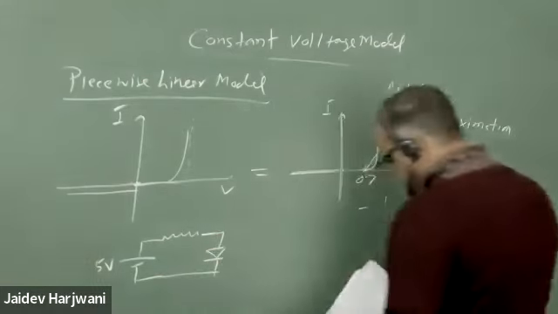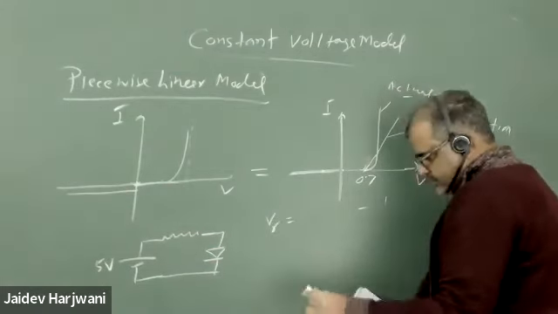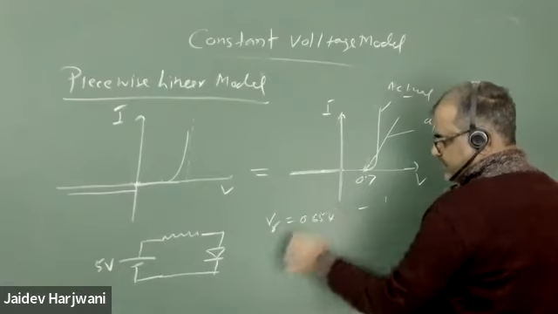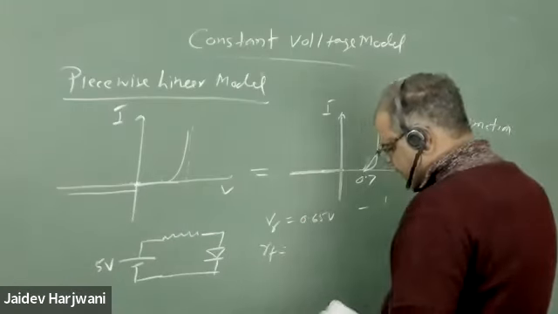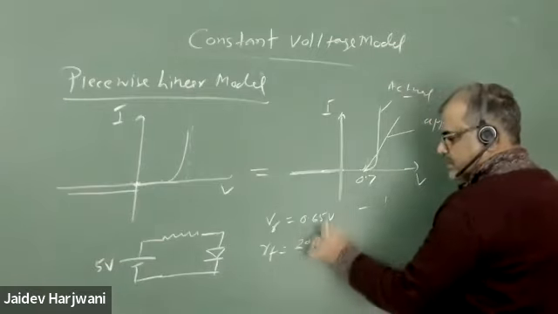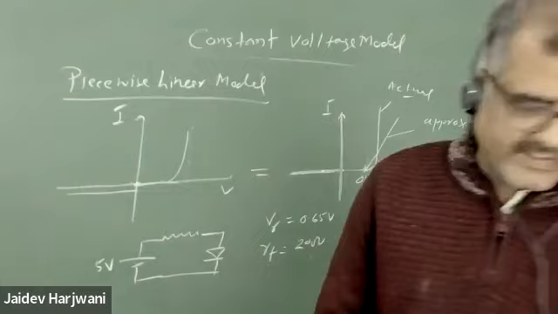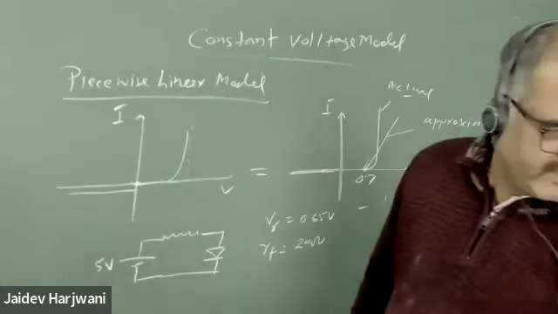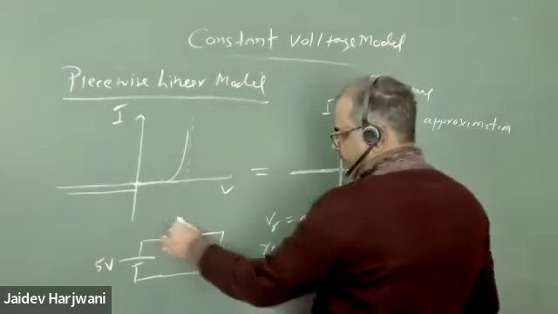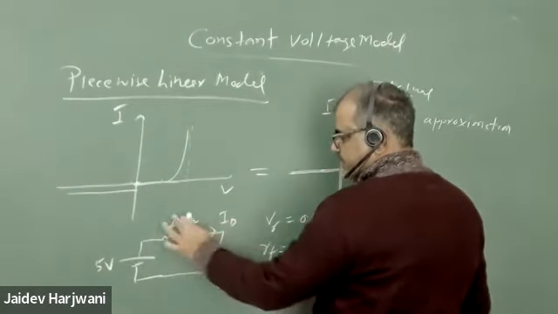They say the diode cutoff voltage V gamma is 0.65 volt and R forward is 20 ohm. That much is given, and the resistance is 1 kilo ohm. Find the ID value.